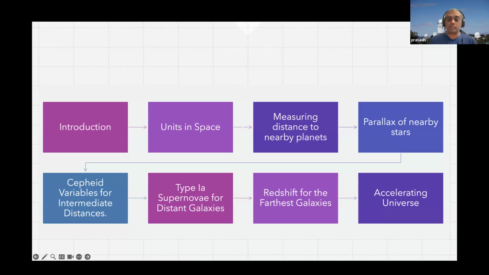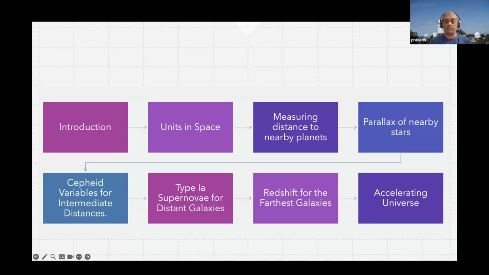Basically, I will be introducing how to measure the distances to nearby planets and how to measure the distances to nearby stars, and measuring distances to nearby galaxies will be different from any of those.